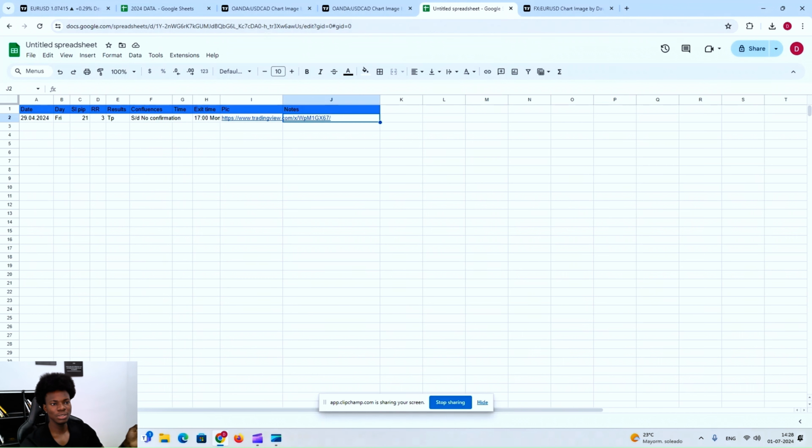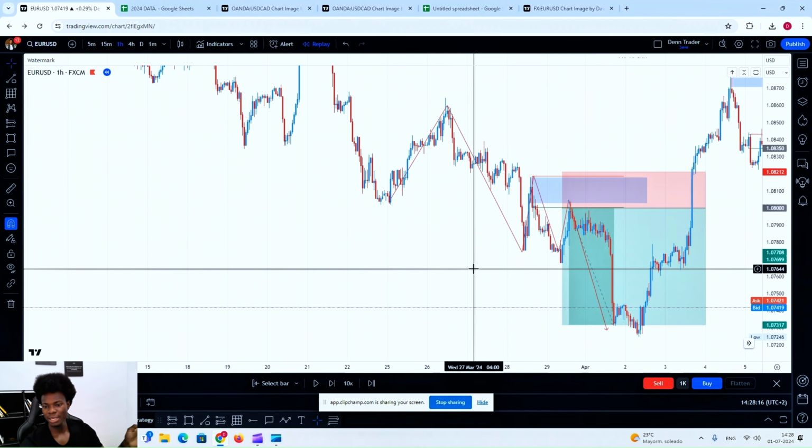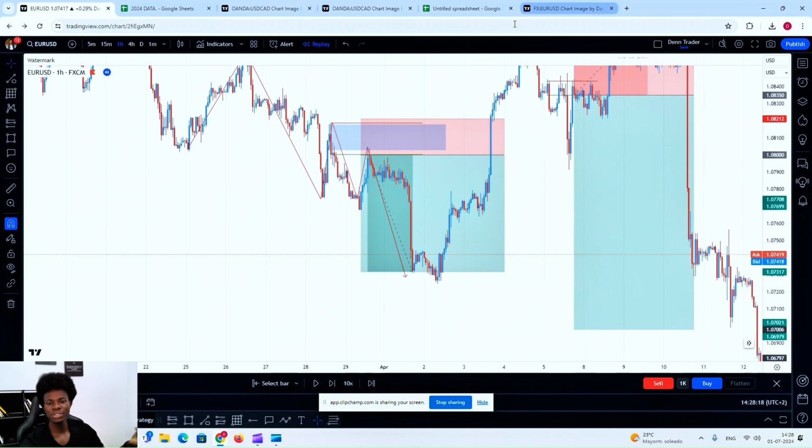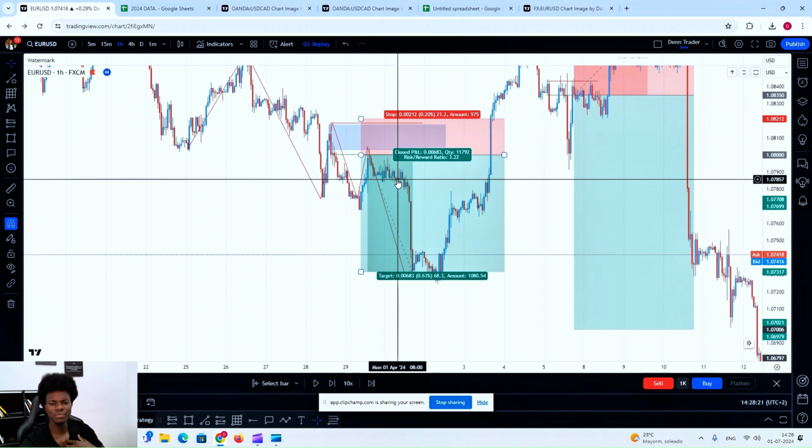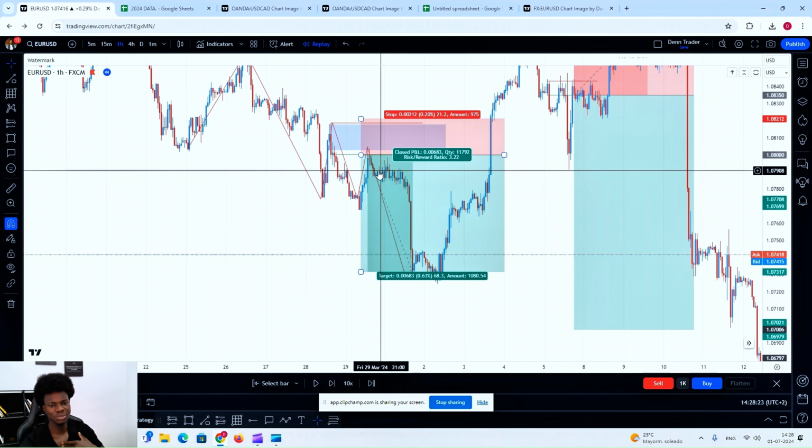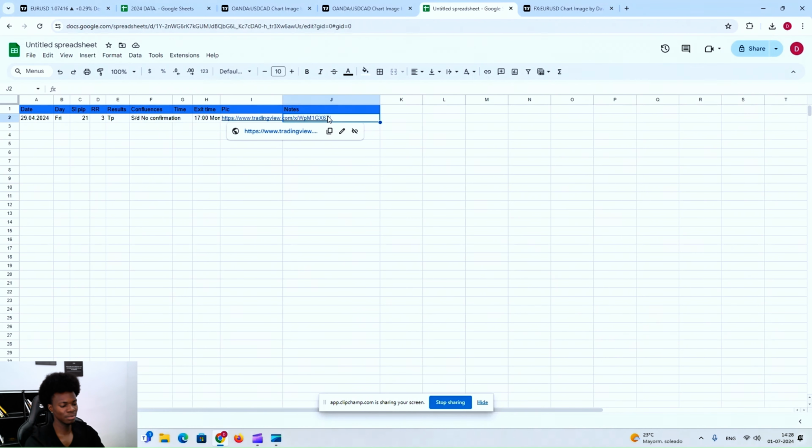So let's say, for example, this particular trade, I could say, was it worth it to hold over the weekend, or trade too long? Let's say I was in the trade and I wasn't feeling comfortable with all of this consolidation right here. This was lots of hours. My note could be trade too long, or it could also be wasn't worth holding over the weekend, because it messed up my weekend.